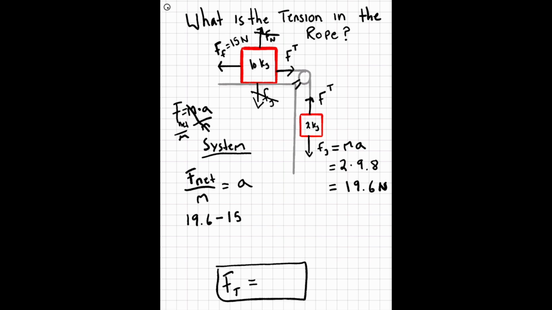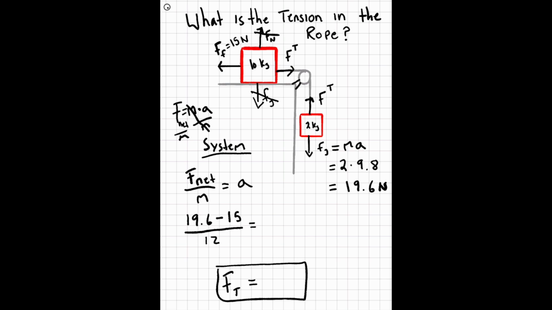Okay. Now, the mass of the system is the mass of the entire system. So we have to add the 10 kilograms with the 2 kilograms to find the mass of the system. Okay? Add all the components. For example, if you want to find the mass of a car, you got to add up all the parts of the car if you're not given the mass.